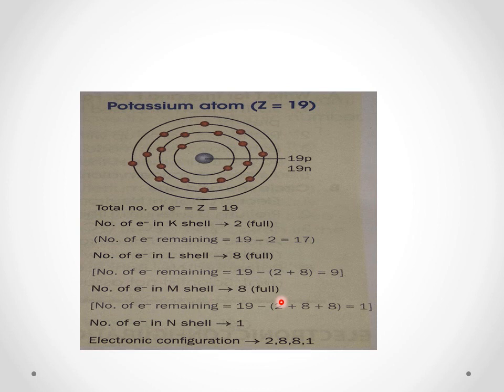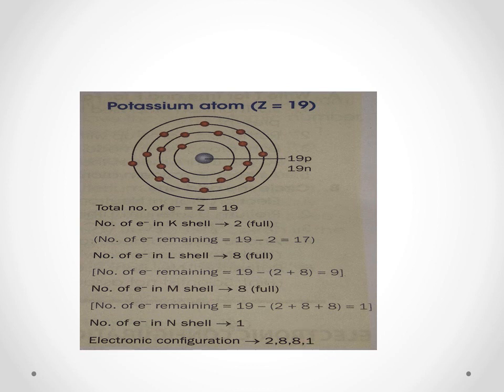Which is the valence shell then? M is the valence shell. Isn't it? According to octet rule, the valence shell can accommodate a maximum of only 8 electrons. Therefore, M shell cannot accommodate 9 electrons since it is the valence shell. That is why the electrons will move to N shell and its configuration becomes 2, 8, 8, 1.